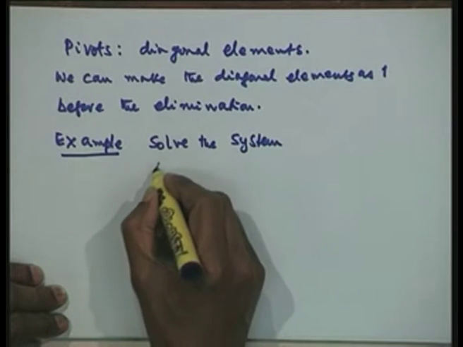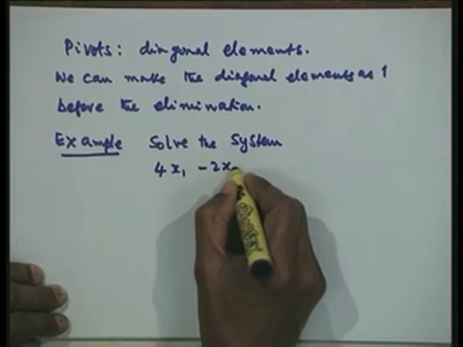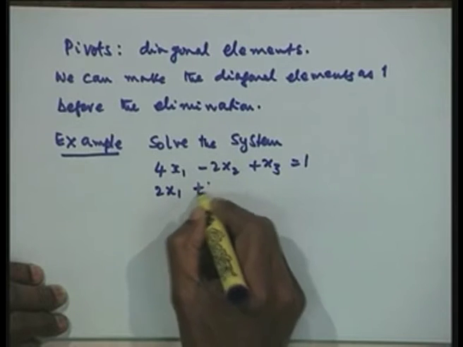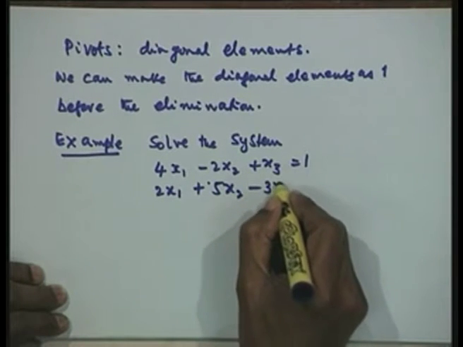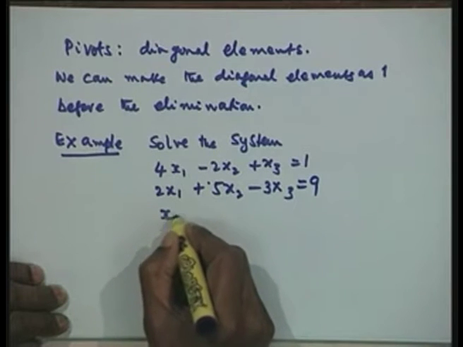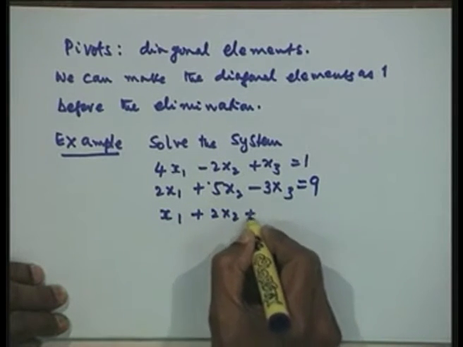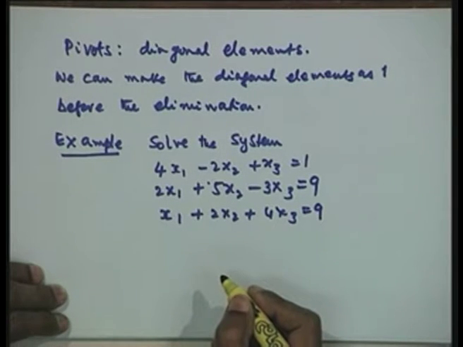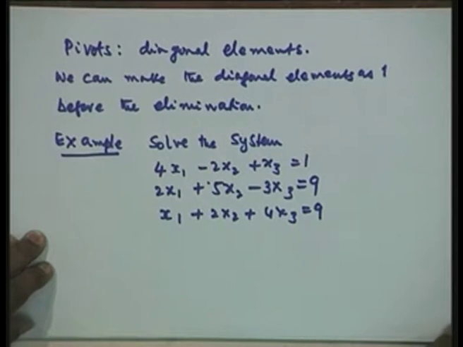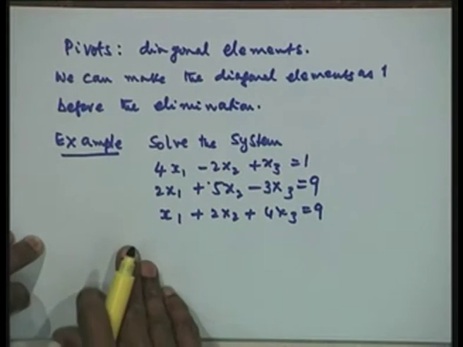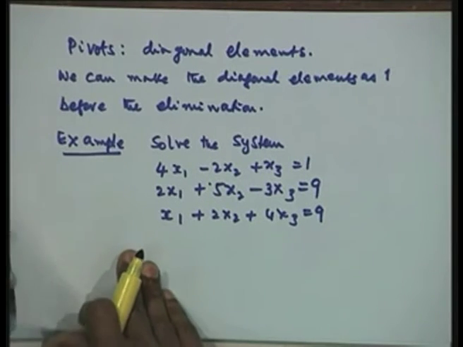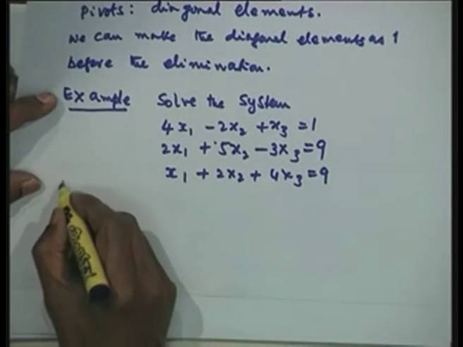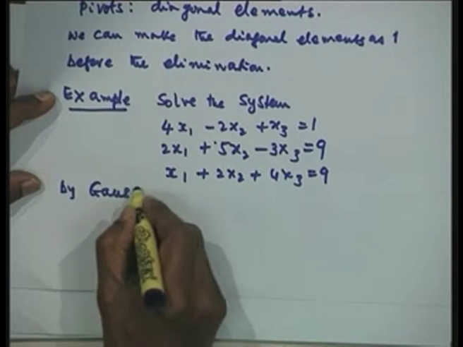Let us take a 3 by 3 system: 4x1 minus 2x2 plus x3 is 1, 2x1 plus 5x2 minus 3x3 is 9, x1 plus 2x2 plus 4x3 is 9, by Gauss elimination.